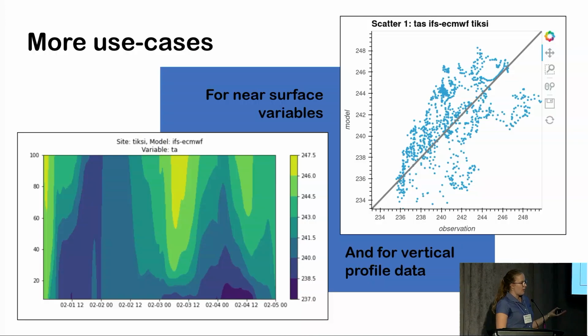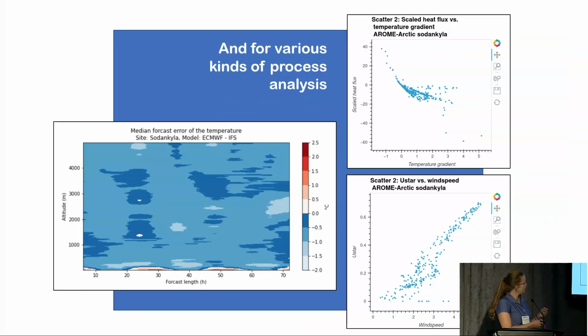So for a couple of other use cases, we have use cases for near surface variables, like the scatter1 use case, where you're just straight up comparing model and observational data. And that one also has the added benefit of a linear regression line or a one-to-one line, as you can see here. And we also have a contour plot case for vertical profile data.